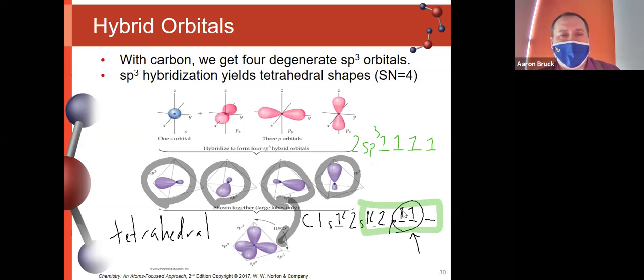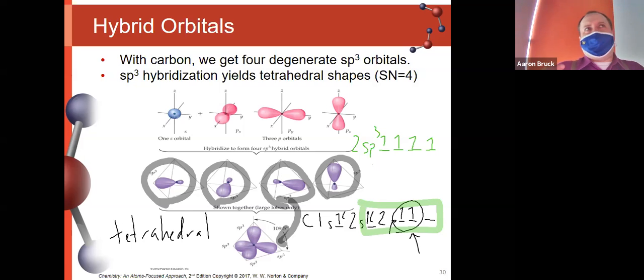Okay, so the advantage that we have here is that all 4 of these orbitals are in the same energy level. The s orbital and the 3 p orbitals, the p sublevel, they're all in the second energy level. And so relatively speaking, they all have relatively close energies to each other.